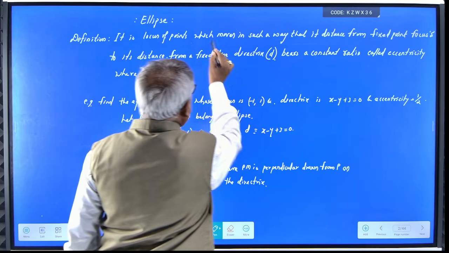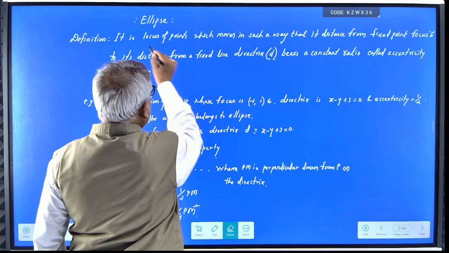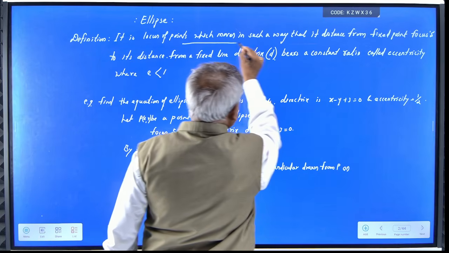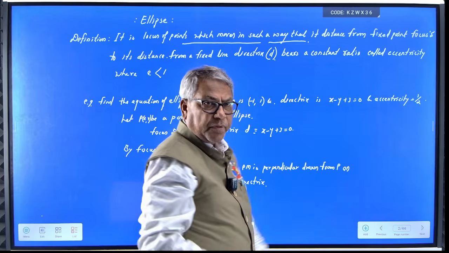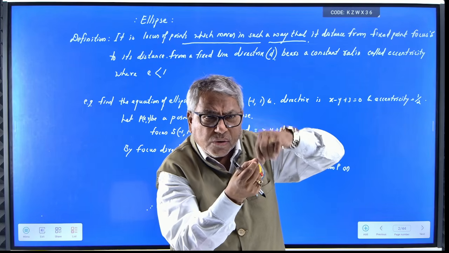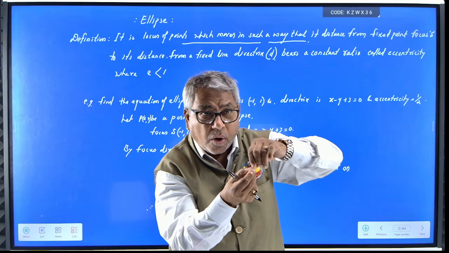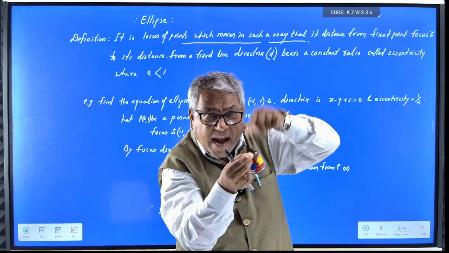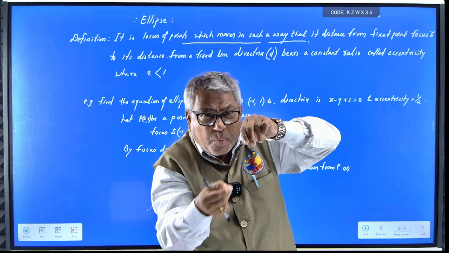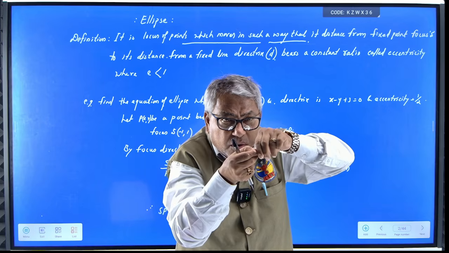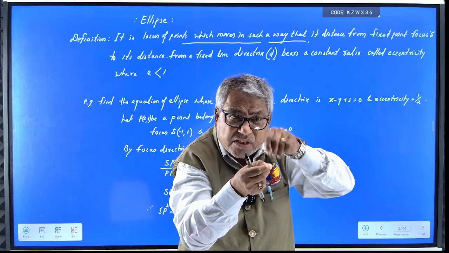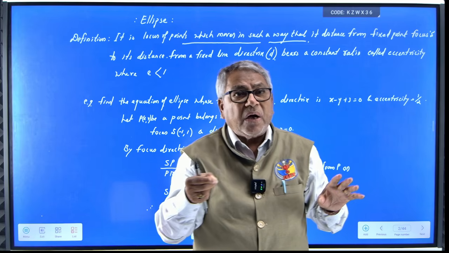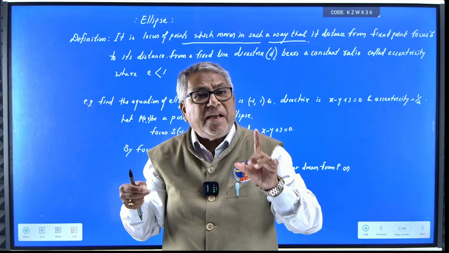It is a locus of points which moves in such a way that the ratio of its distance from a fixed point called focus to its distance from a fixed line called directrix bears a constant ratio, eccentricity E.